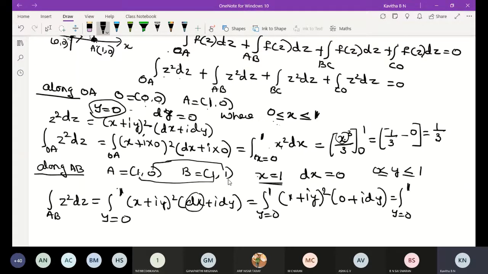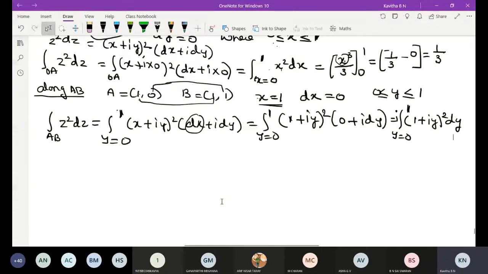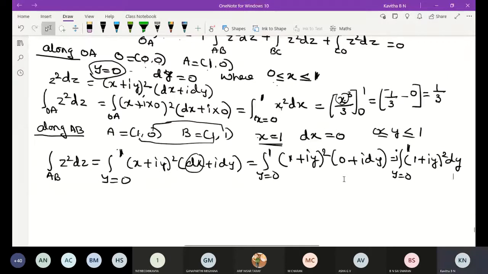Then take i outside: 1 plus iy whole square into dy.